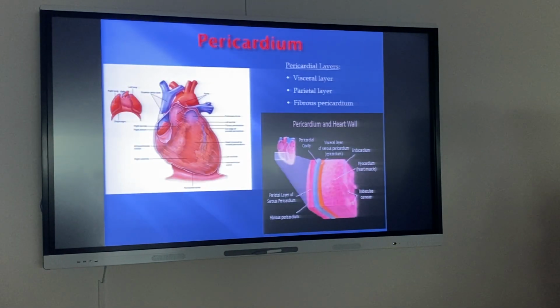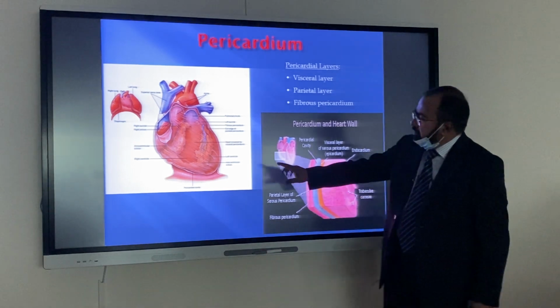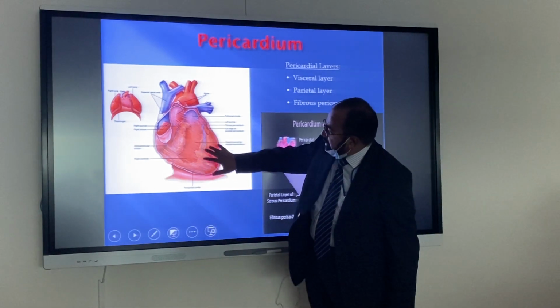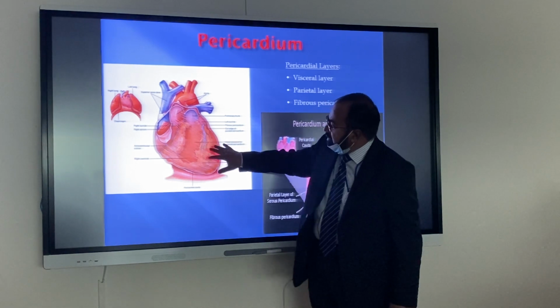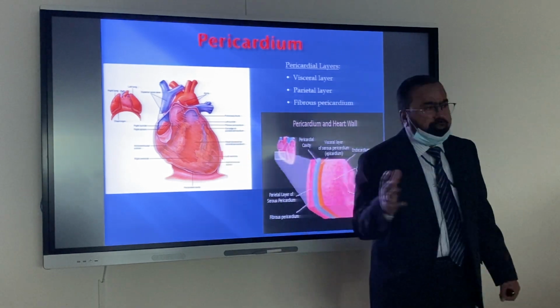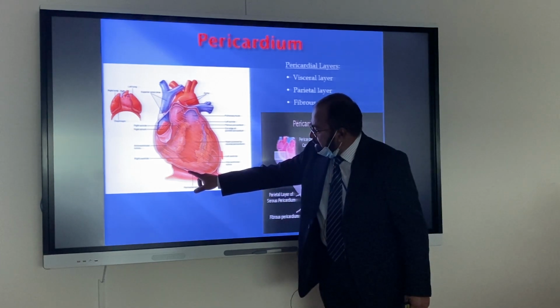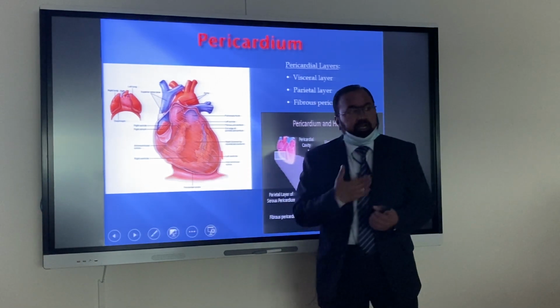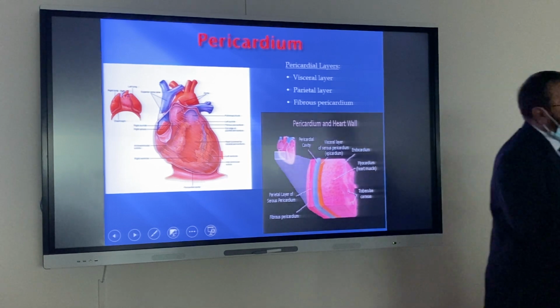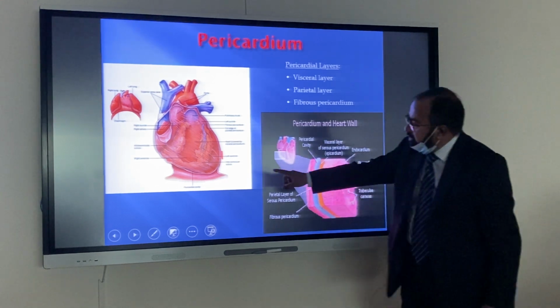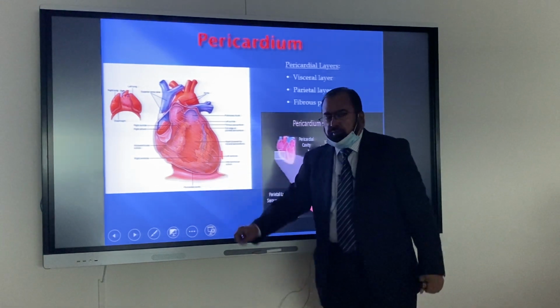Now, if you see this one, the shining looking thing is the visceral pericardium, which is attached to the heart. This is fibrous tissue, and the layer attached to the fibrous one is the parietal pericardium, and the space between is the pericardial space.